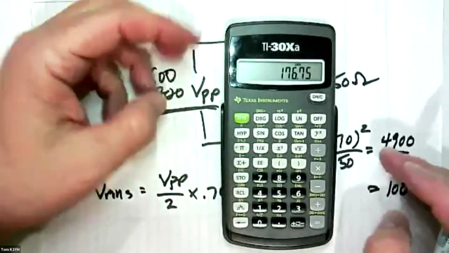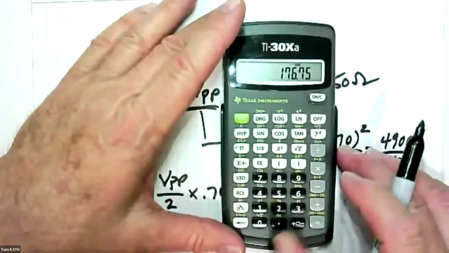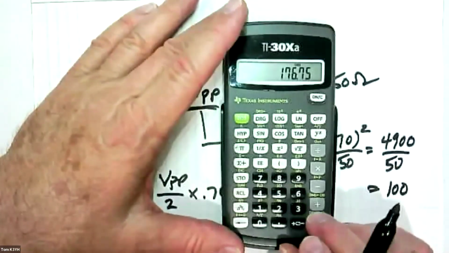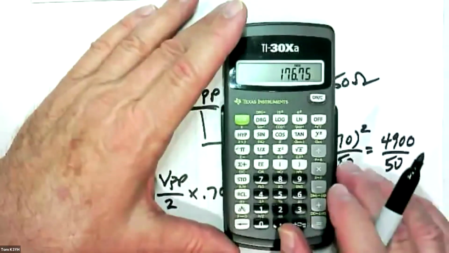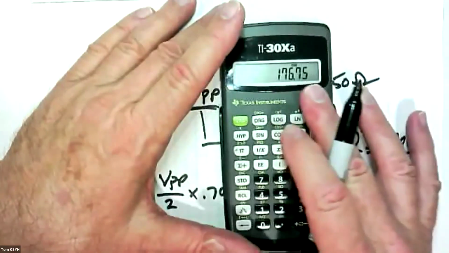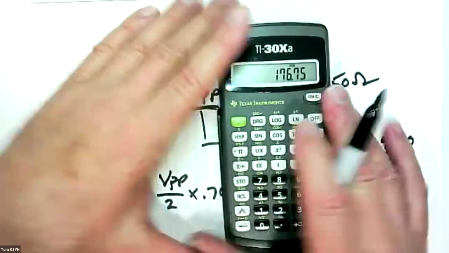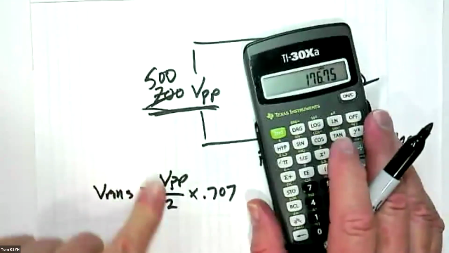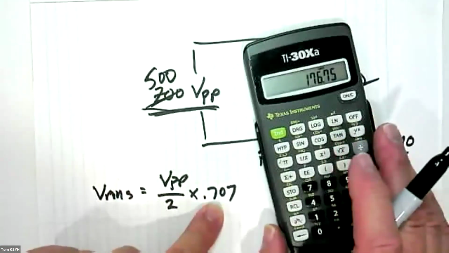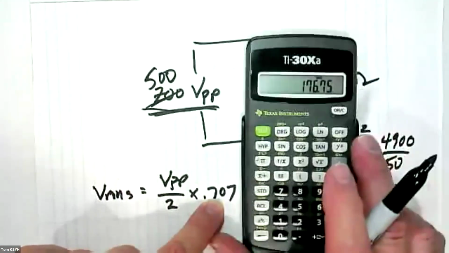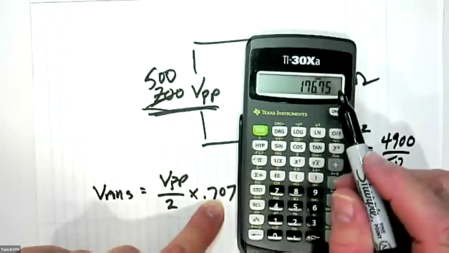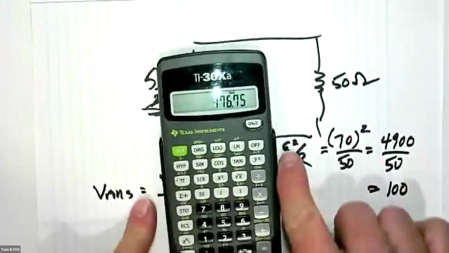Don't forget to hit the equals there. It's always a good idea. So the RMS voltage was calculated by taking 500 divided by 2 times 0.707. That gives me 176.75.